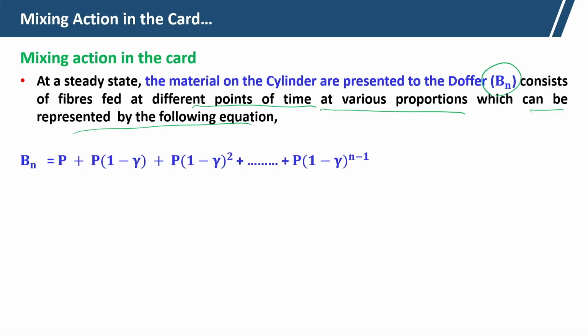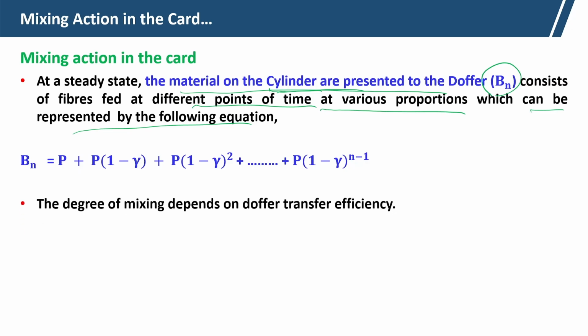So, Bn is the amount of material presented to the Doffer, where P is the production rate, gamma is the transfer efficiency. So, the degree of mixing depends on the Doffer transfer efficiency. So, gamma is the Doffer transfer efficiency.